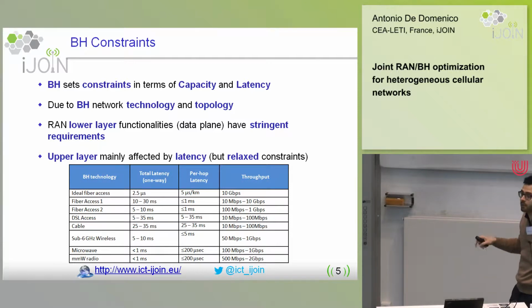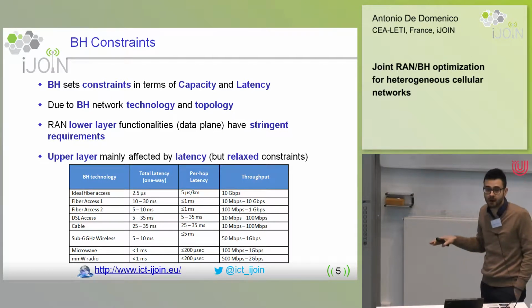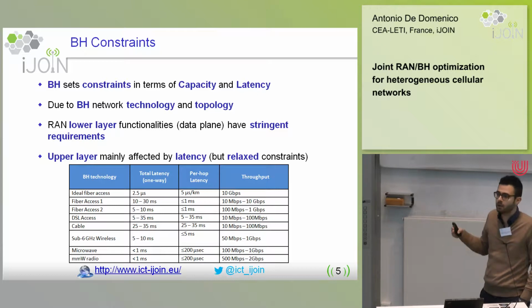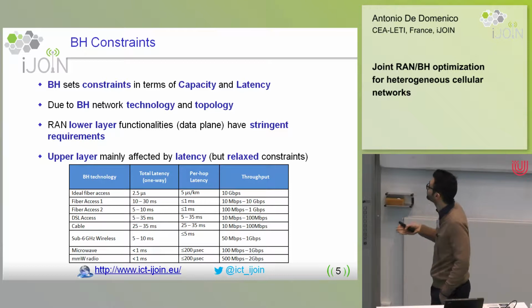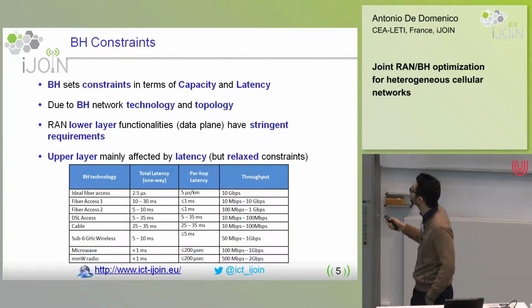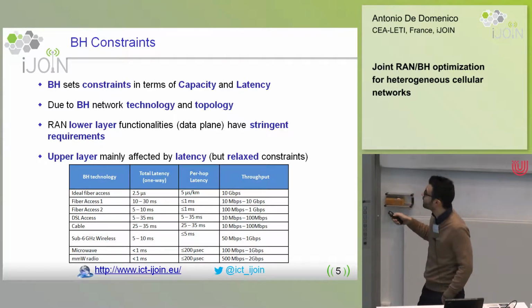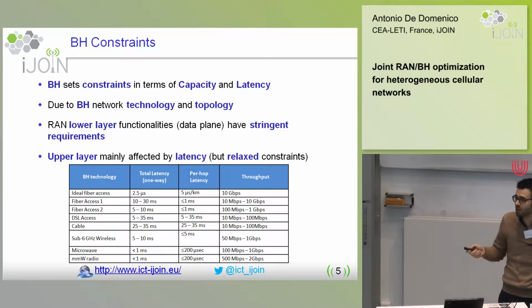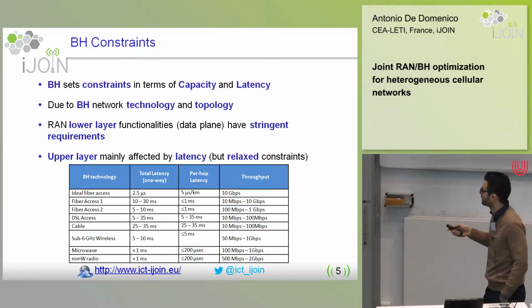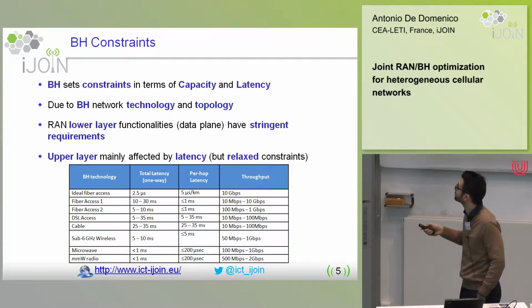In particular, the lower layer functionalities in the RAN are affected by very stringent latency and capacity constraints due to data plane functionalities, and upper layers, on the contrary, are mainly affected by latency issues, but these are quite more relaxed than for the RAN lower layer functionalities.